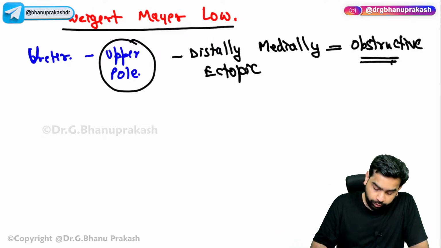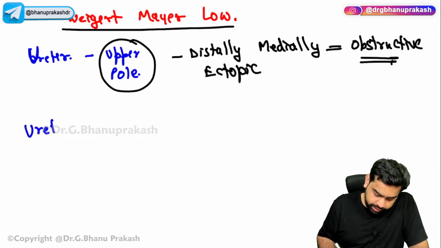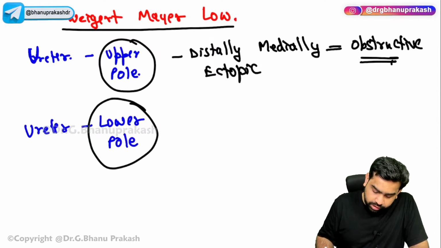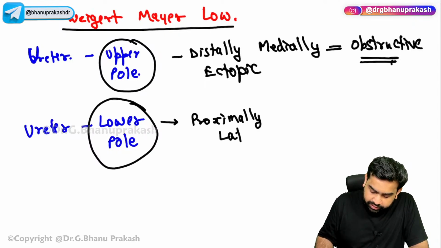Now, if there is a ureter draining the lower pole of the kidney, it is going to open proximally and laterally, and this is the one which is going to be refluxive in nature.